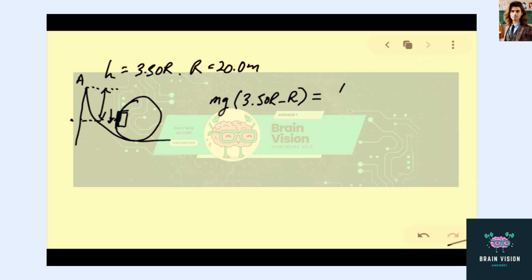We equate that to half mv squared, and so v must be equal to the square root of 2 times 2.5 r, just 5 r, times g. This will give us 31.3 meters per second.